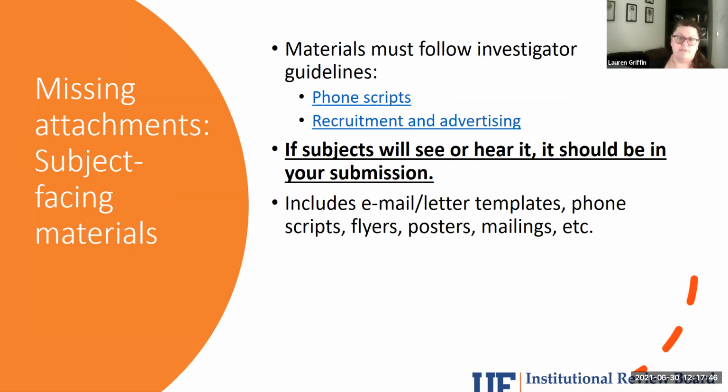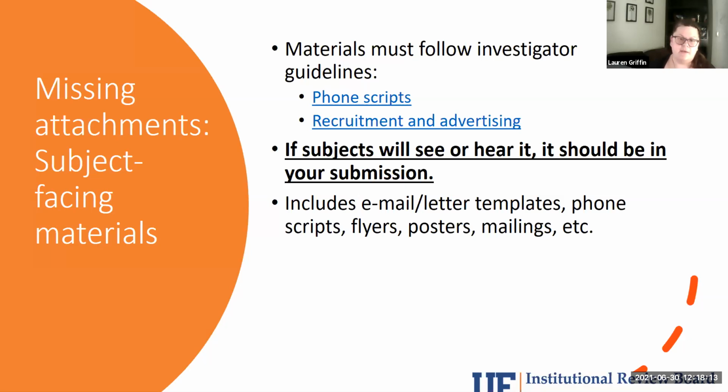Finally, subject-facing materials. One of the things that we see somewhat frequently is things like phone scripts or recruitment and advertising materials that don't follow the investigator guidelines. With phone scripts in particular, within our guidelines, we ask that you tell subjects, hi, this is who I am, may I speak to, and then the target's name.